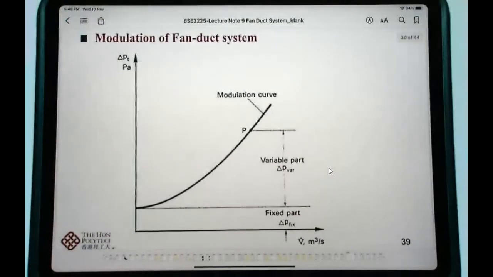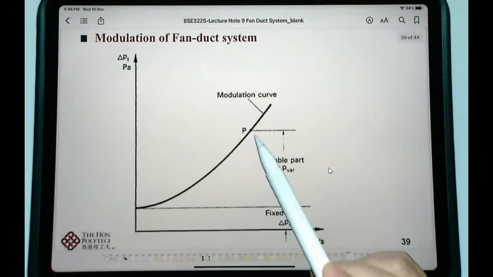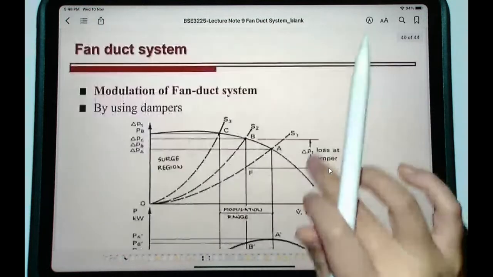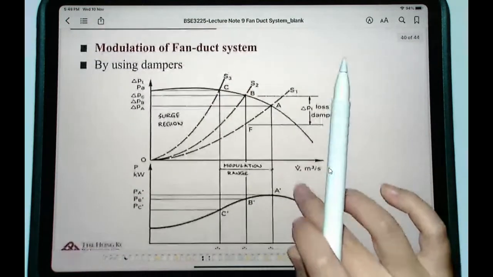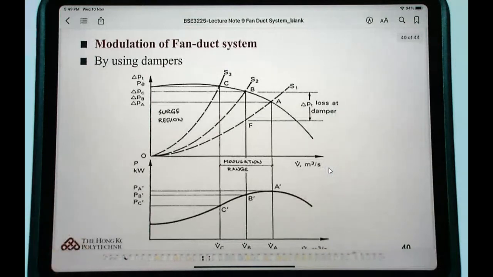We'll see that for a specific system, you can change the operating pressure, and then the corresponding flow rate and the total pressure will also change. When you try to modulate the fan duct system, there are different methods.